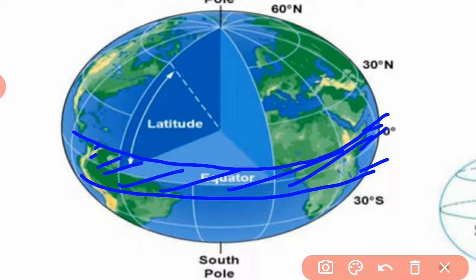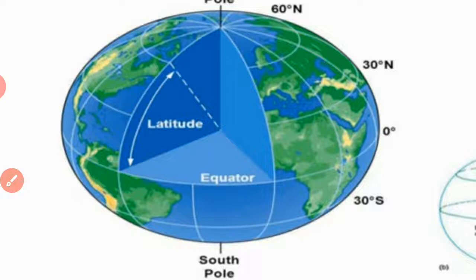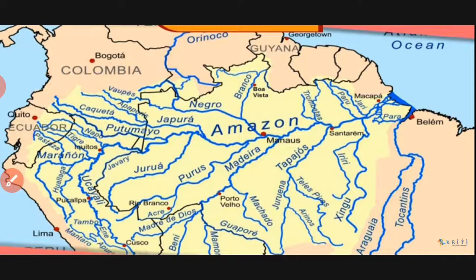The subtropical region extends from 10 degrees to 30 degrees in the northern hemisphere, and 10 degrees to 30 degrees in the southern hemisphere. The Amazon River flows through the tropical region.